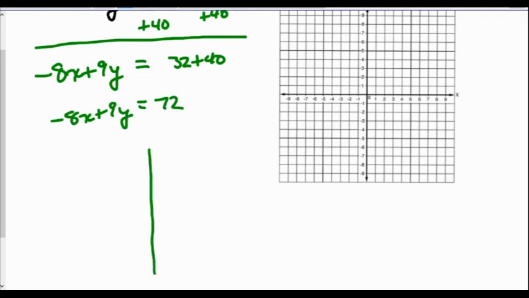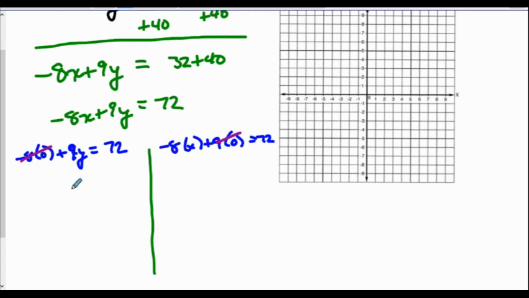I'm going to go negative 8 times 0 plus 9y is 72. The other one is negative 8x plus 9 times 0 is 72. Once again, 9 times 0 is 0, negative 8 times 0 is 0. So I'm left with 9y is 72.